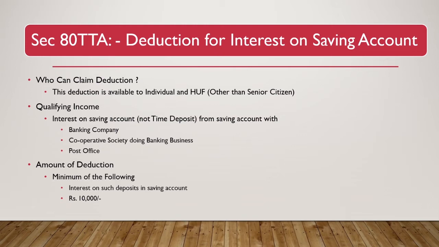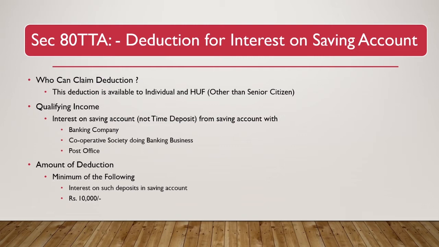There is a limit specified in this. SSC can claim a maximum of rupees 10,000 of interest received as deduction. For example, if SSC is receiving rupees 12,000 as interest, he can claim a maximum of rupees 10,000 only. So friends, let us have a quick look into this section.